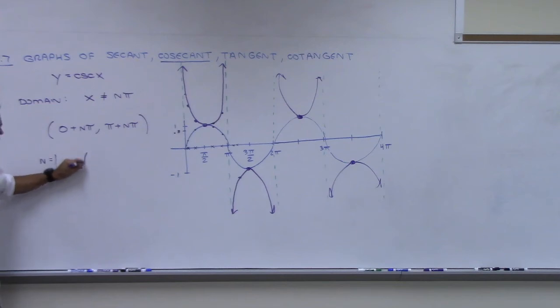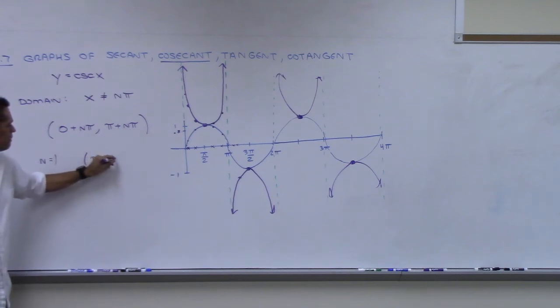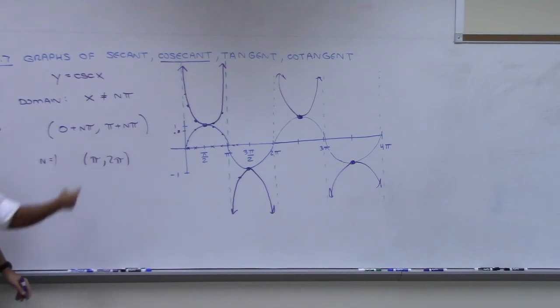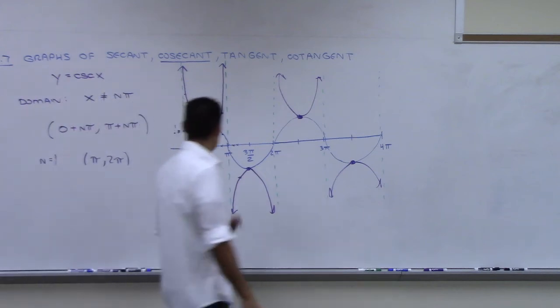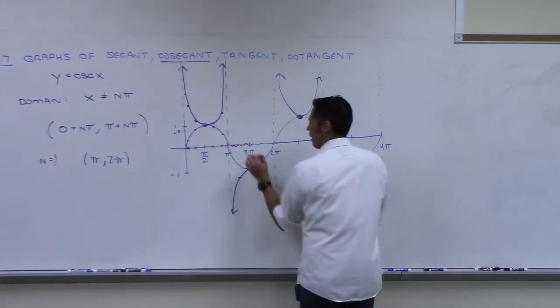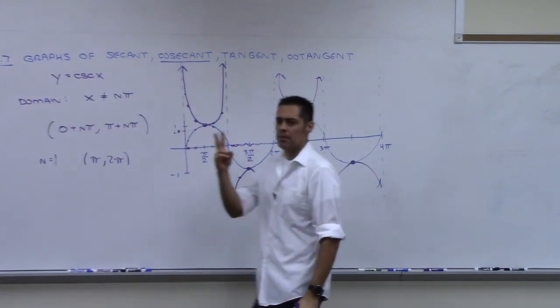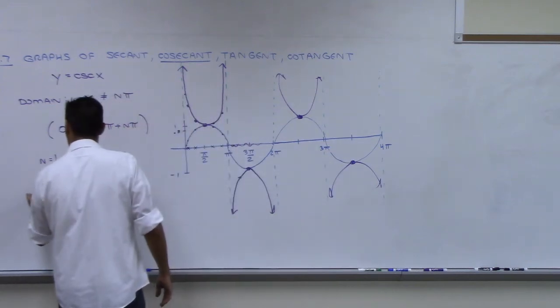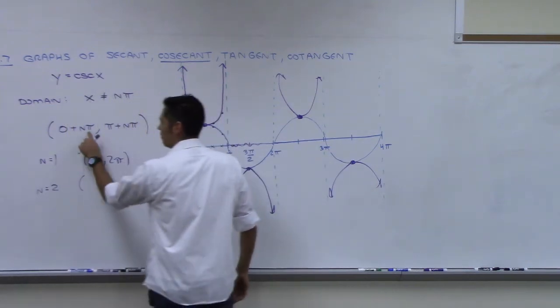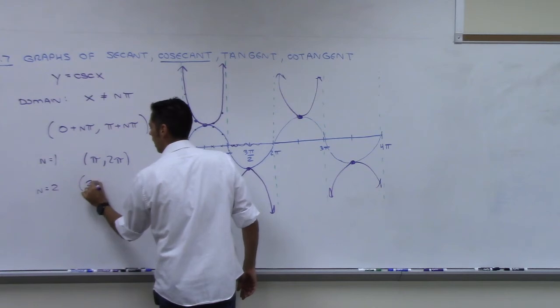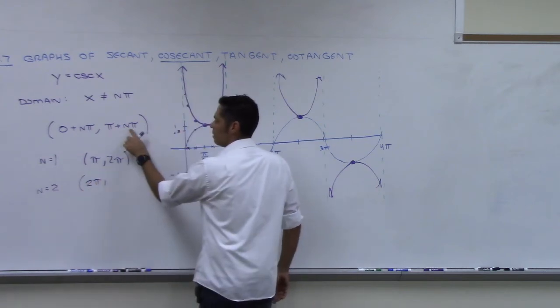What do you get? You get pi, comma, 2 pi. Is this thing good between pi and 2 pi? Yeah, in here, I've got graph. Okay, let n be 2. And what do you have? 2 pi and 3 pi.